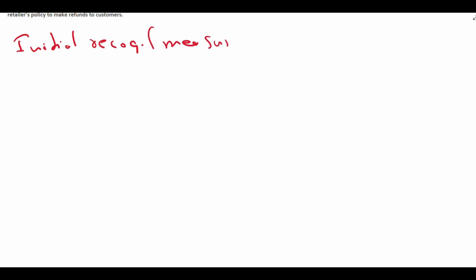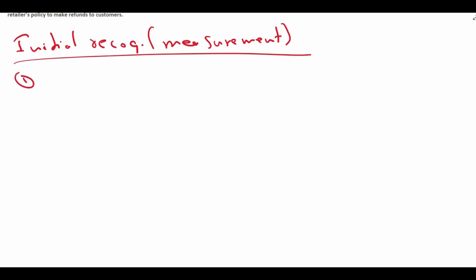First we will talk about the initial recognition, or we can simply mention it as measurement. Okay, so the first thing is the best estimate. Simple way, best estimate. Now, what is a best estimate?